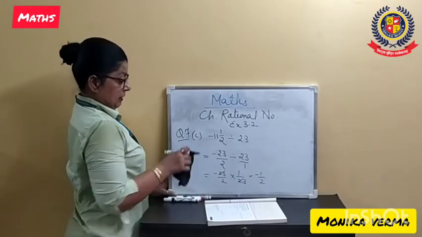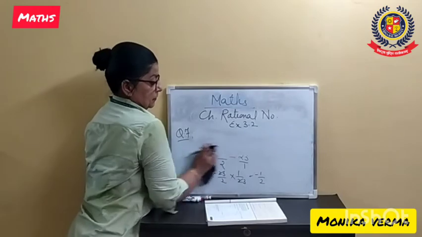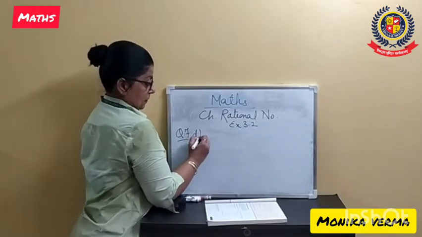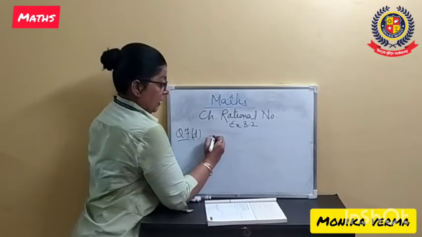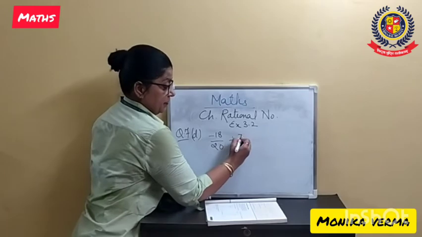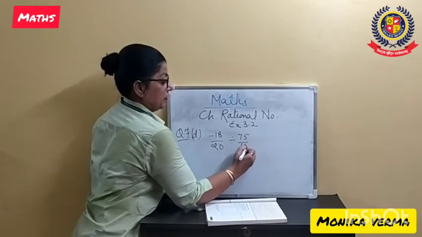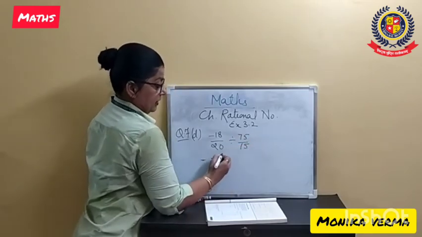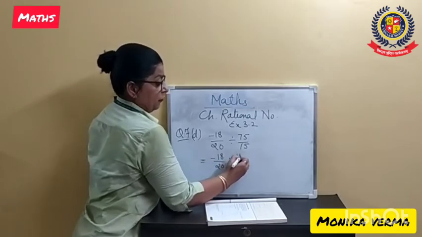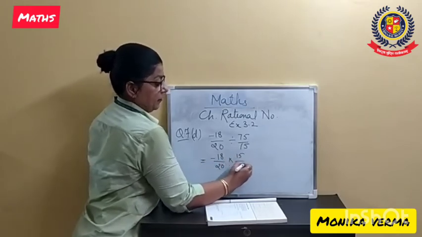Okay. D part. Minus 18 upon 20 divided by 75 upon 15. We got minus 18 upon 20 into 15 upon 75.